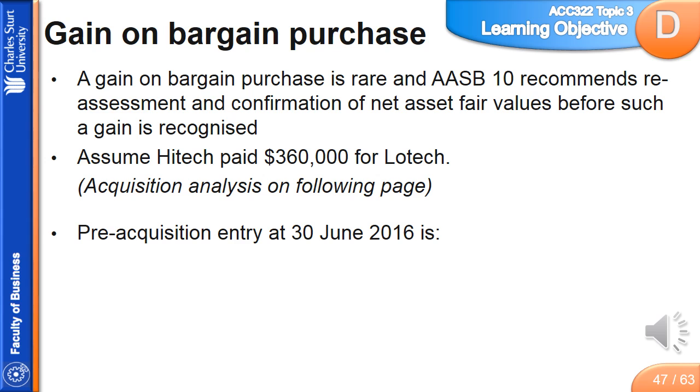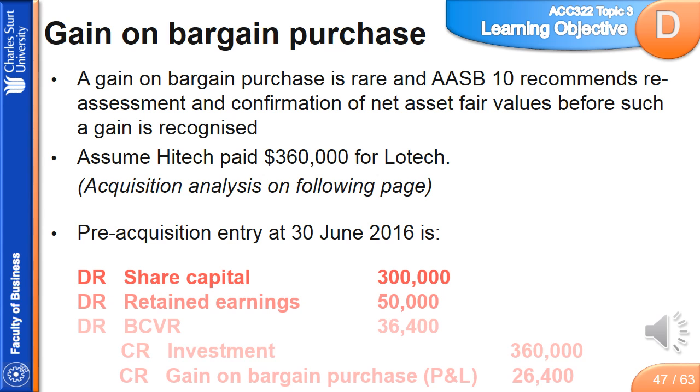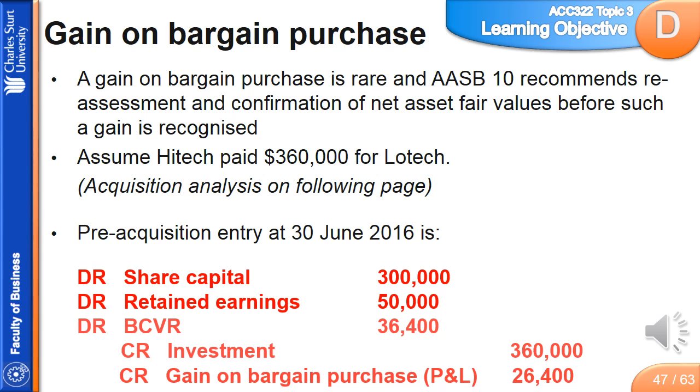So just to exemplify what's going on here, if the example instead said that Hi-Tech only paid $360,000 to acquire Low-Tech, the pre-acquisition entry at 30th of June 2016 would still be a debit to share capital $300,000 and a debit to retained earnings $50,000, and the BCVR debit $36,400 stays the same.